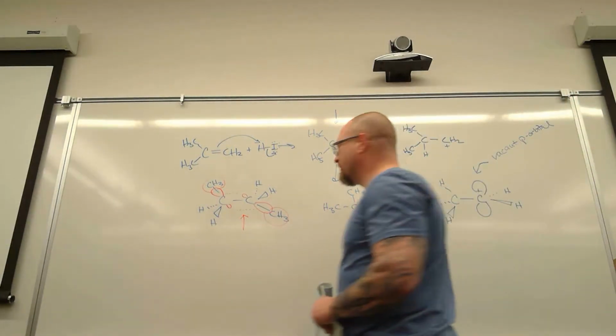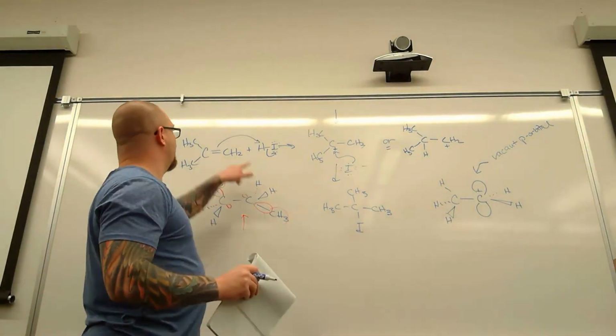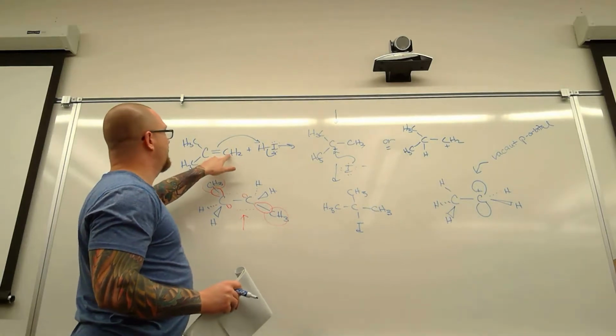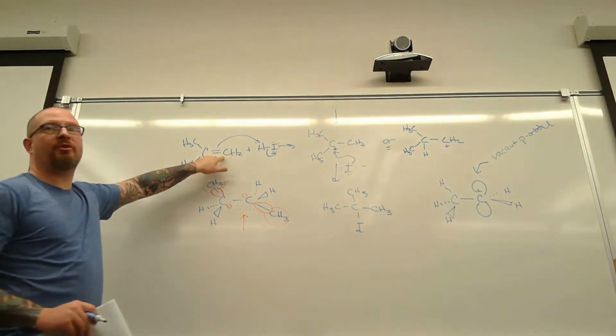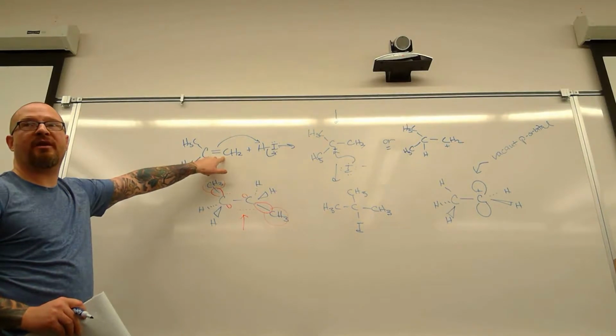Where we have a positive charge, because it was a p orbital, because we had to have a non-hybridized p orbital available to do the pi bond.